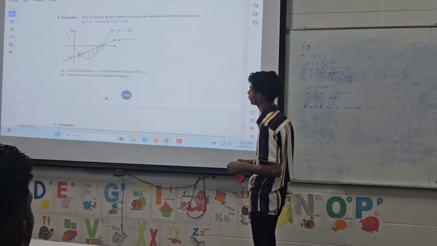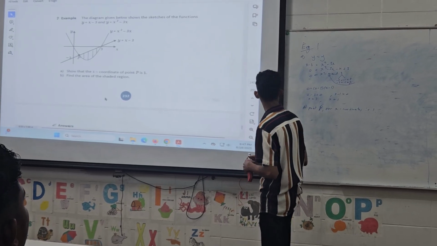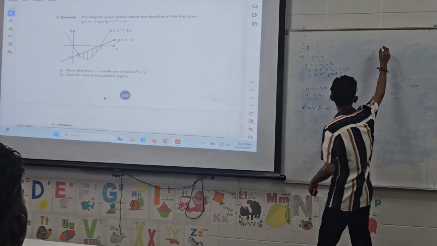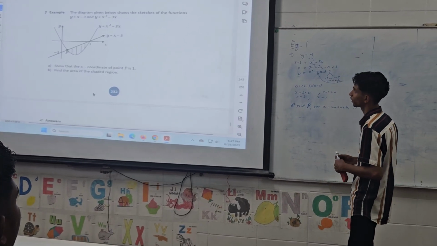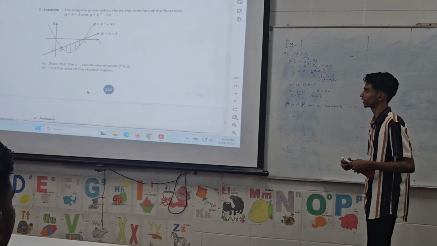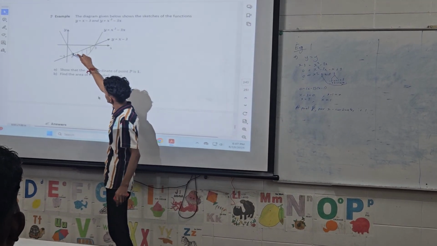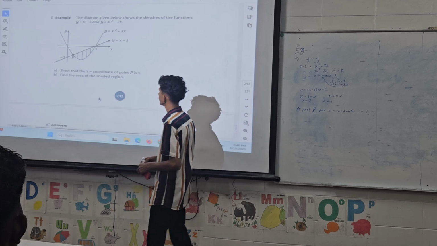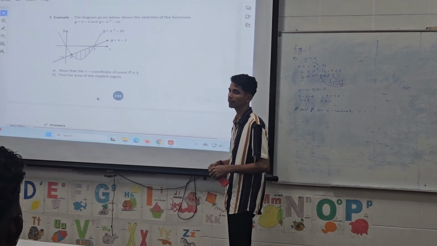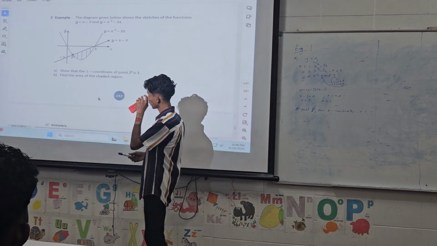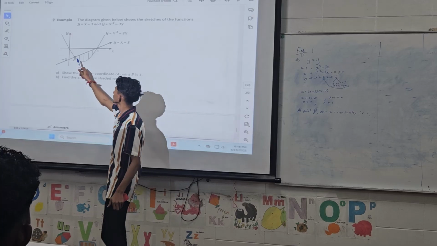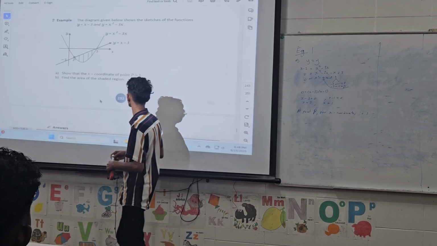Next we can move to question B, which says find the area of the shaded region. They mean this region. To find that area, first we have to find the limits covering from here to here.